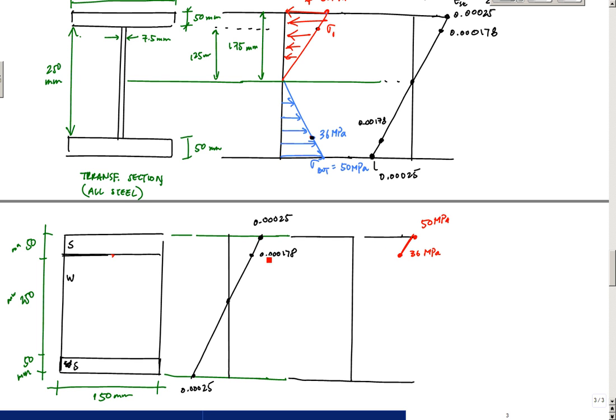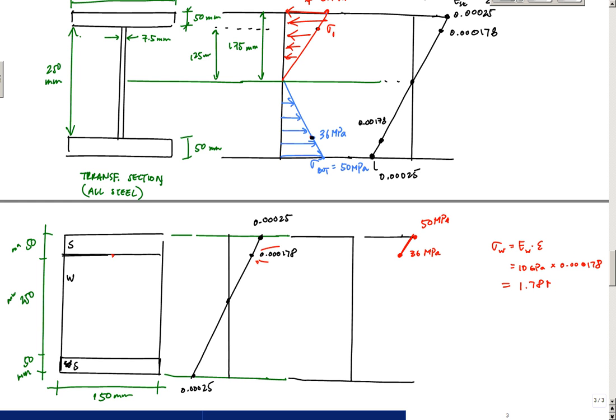And now I've got to take this strain value right here, and to calculate the stress in the wood at this point, I would say sigma wood at that point is equal to the E of the wood times the strain at that point, which in this case is 10 GPa times 0.000178, which makes this 0.001 GPa, which is 1.78 megapascals.